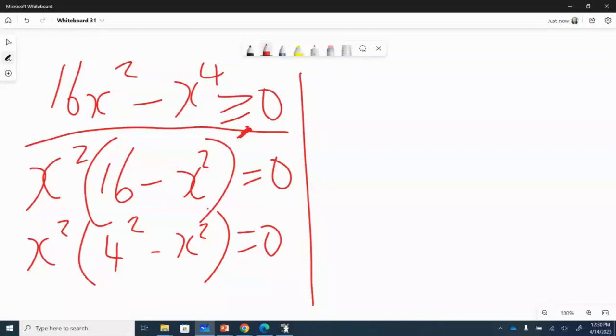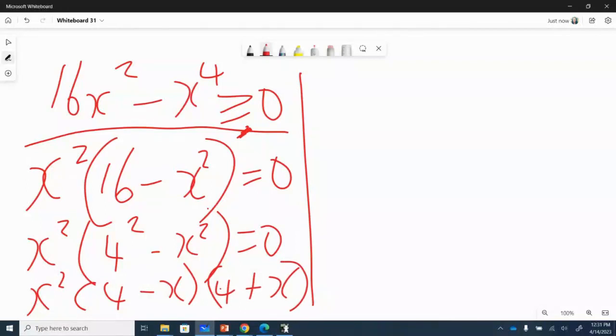Then I will expand the difference of 2 squares. So I have x squared into 4 minus x into 4 plus x is equal to 0.